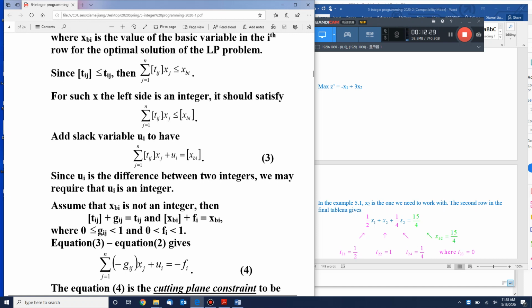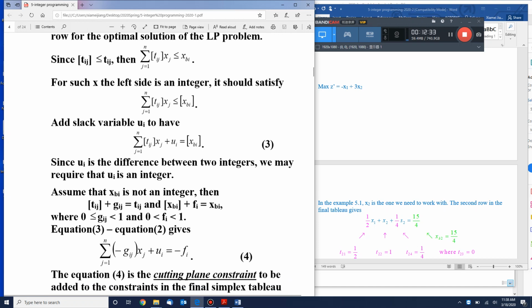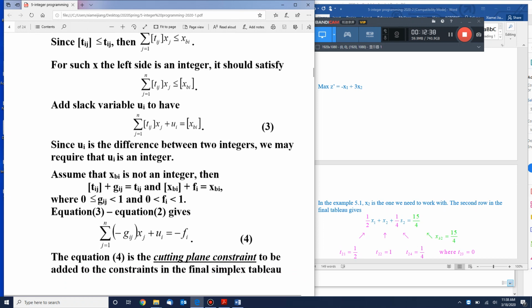This equation is what we call the cutting plane for the ith row. Now what we do is put it into the final simplex tableau and work it out.